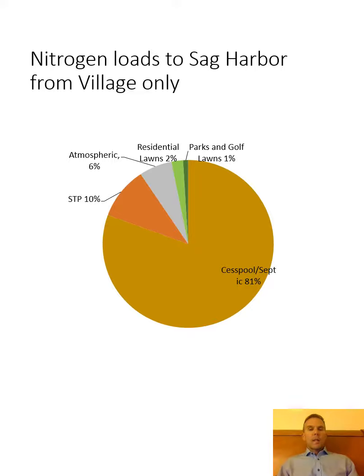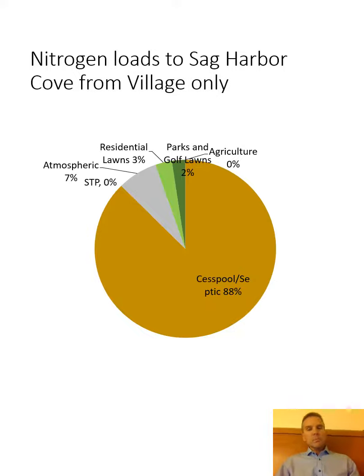We also made the effort to delineate the region that's only within the village's watershed. So these are the regions that Sag Harbor Village can control. And so for Sag Harbor Village, you can see that the amount of lawns and parks nitrogen loading becomes lower, and the importance of the sewage treatment plant increases, but so does the septic tanks and cesspools.